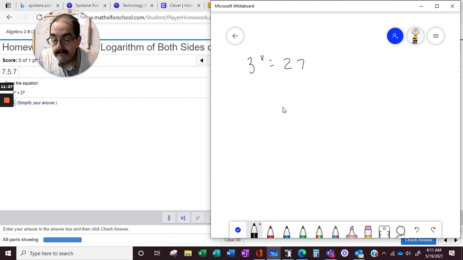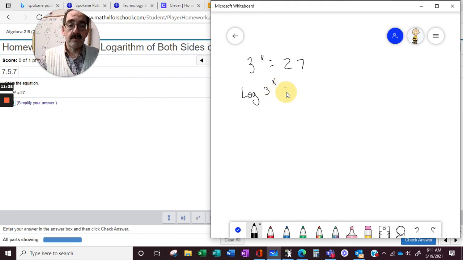A logarithm is a way to solve for the exponent. So, just how you could multiply both sides, you could divide both sides, you can take the logarithm of both sides. When we take the logarithm of both sides, the exponent flies out. That's why we have a logarithm.